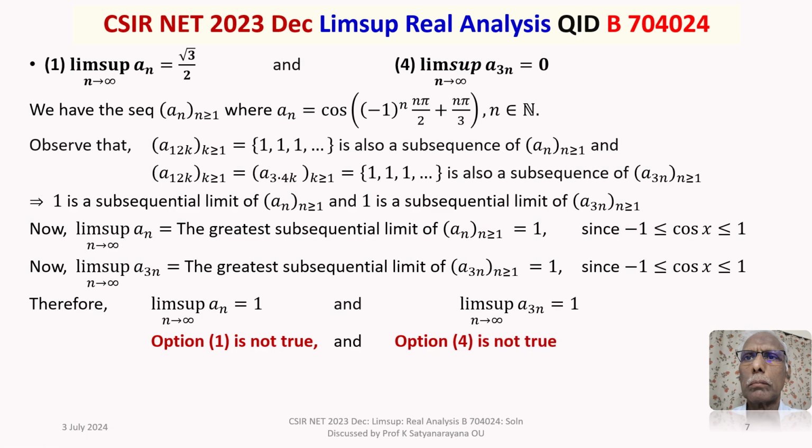So, what is true? The answer to this question is option 2: limit superior of a_2n is 1. That is your answer. And that is the detailed discussion of the solution of the problem, which is based on the limit superior of certain sequences.